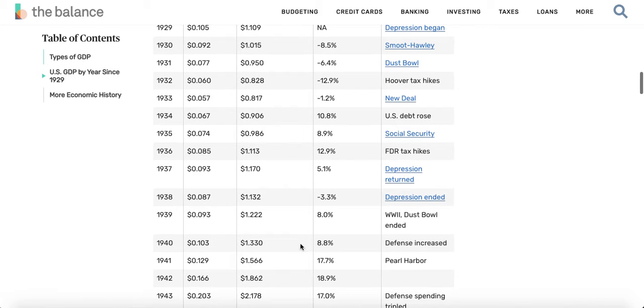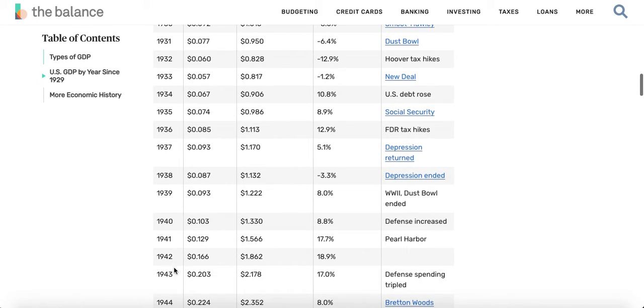So 1940 to 42 are the years we see some massive growth. So 1940, 17.7%. This is the highest.